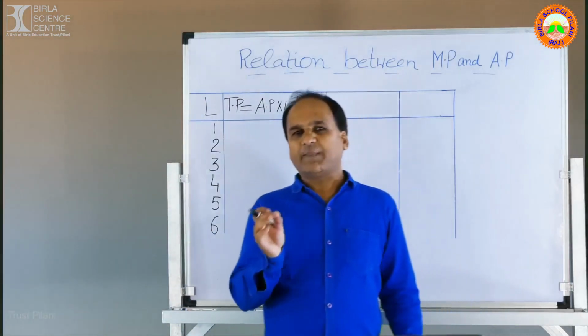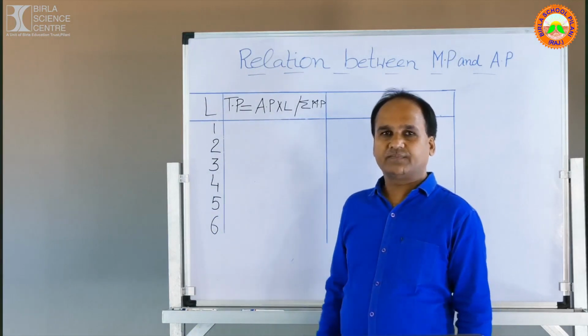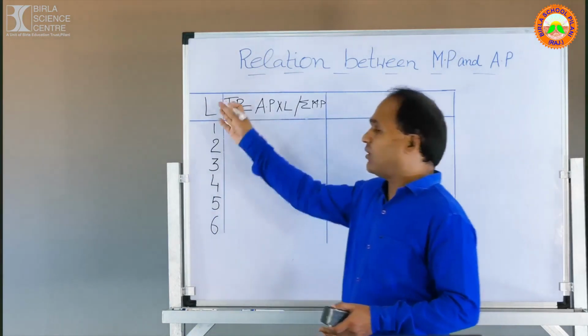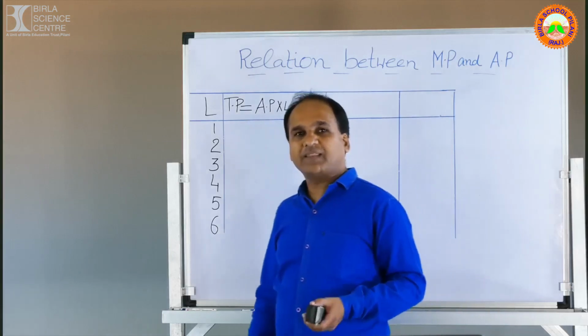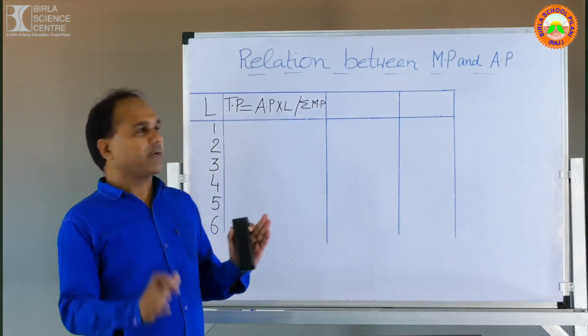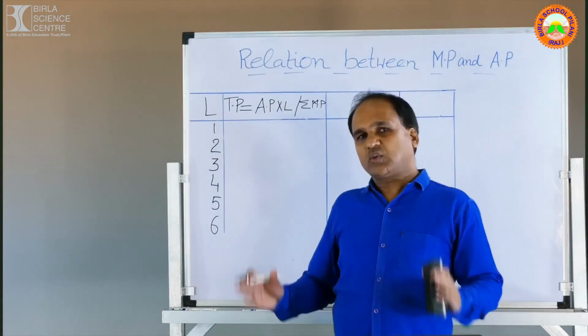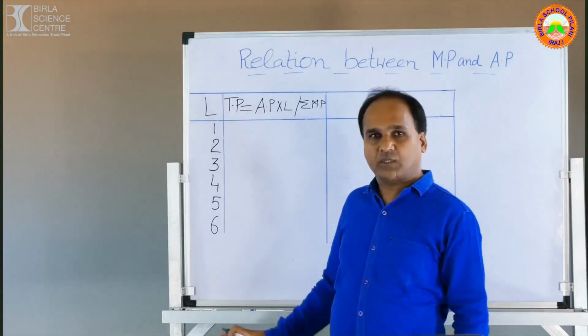Very simple. TP is equal to AP into L, average product multiplied by L, already in the first column. Oblique means you can also write summation of MP. So whenever you get the MP, you have to find the TP with the help of the MP also. That's the column number 2 formula.